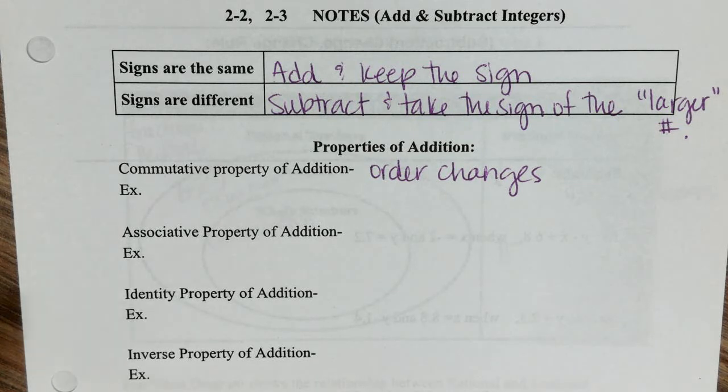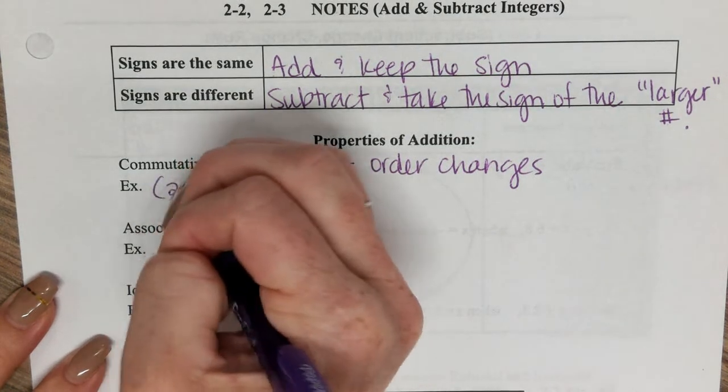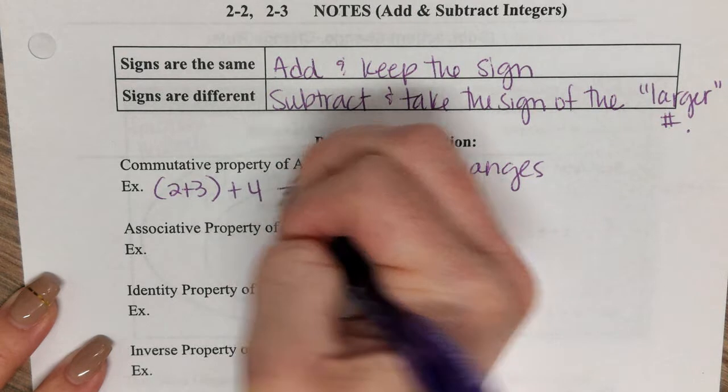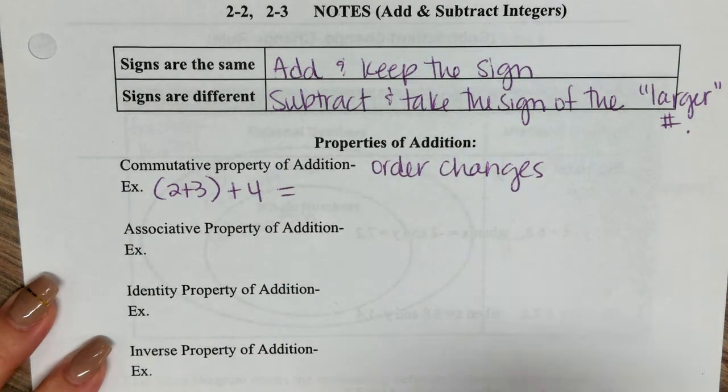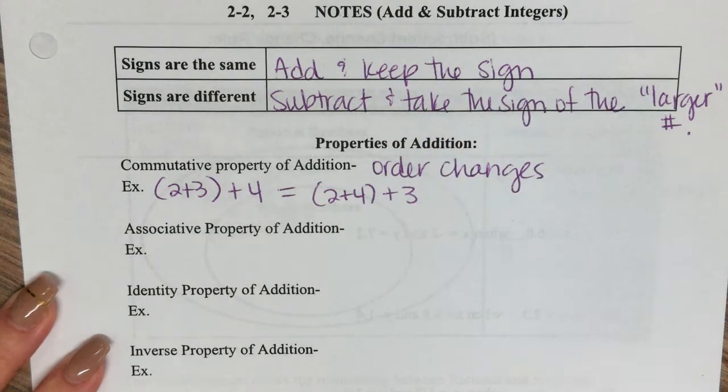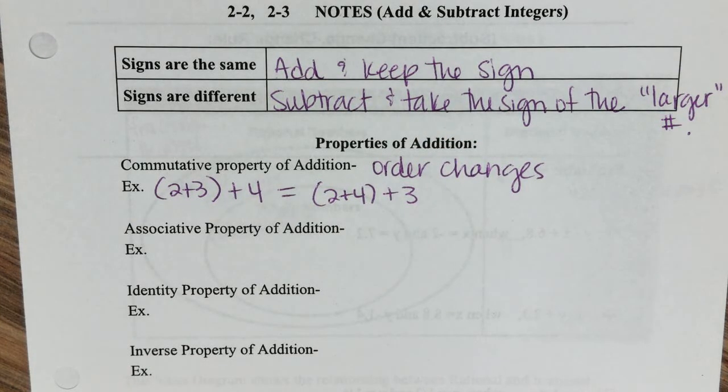So let me give you all an example. If I have 2 plus 3 in parentheses plus 4 outside of parentheses, it's going to equal 2 plus 4 in parentheses plus 3. You'll get the same answer. So it doesn't matter what order you do it in, you're going to get the same answer because it's addition. And that's what the commutative property says. Make sense?